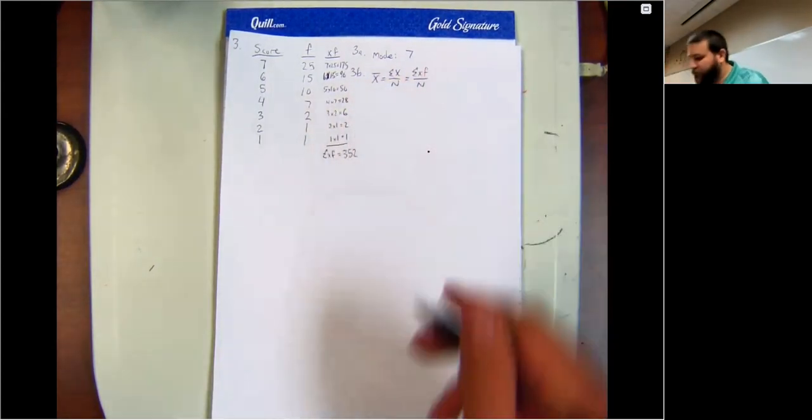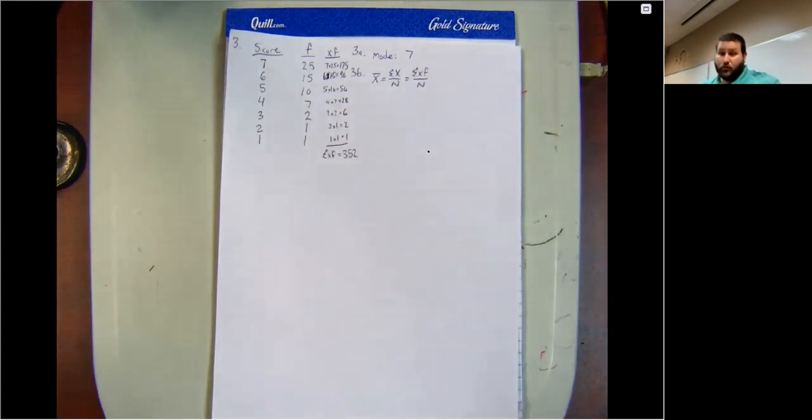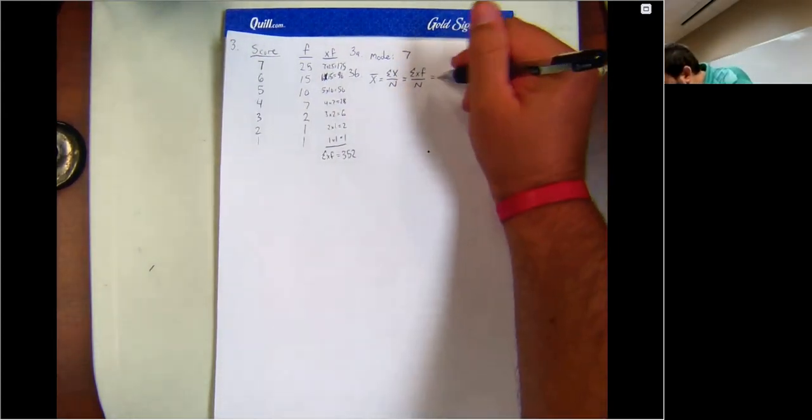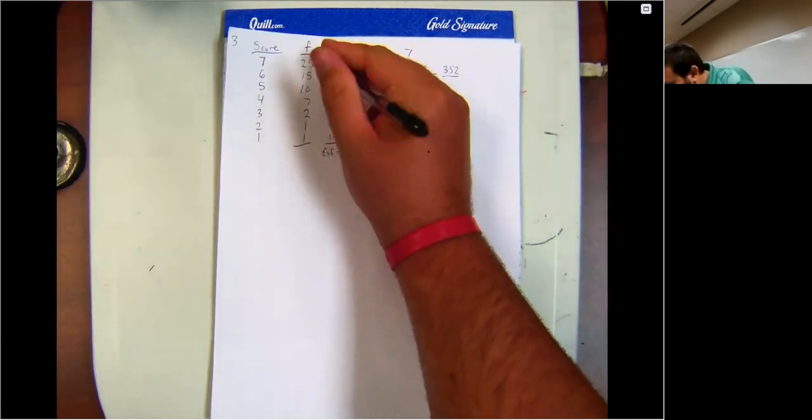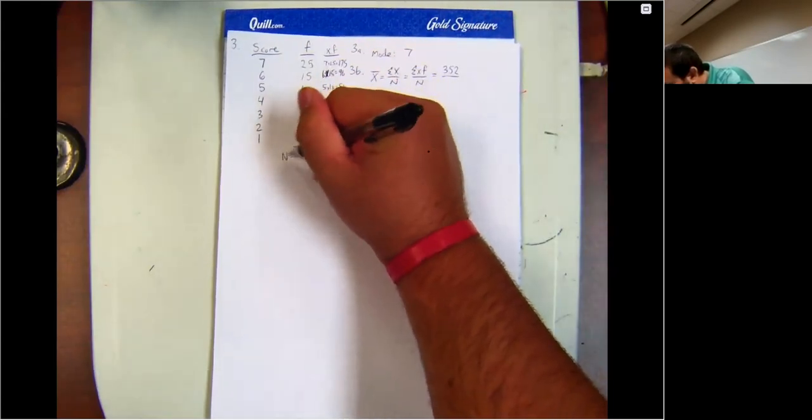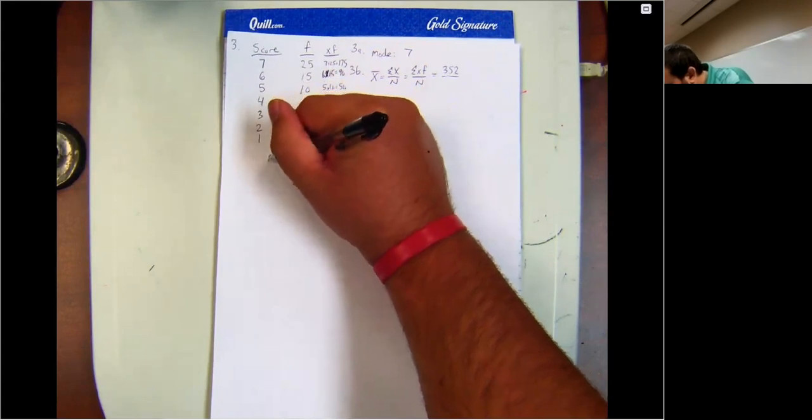And that would be if you added up 25 sevens, 15 sixes, 10 fives, and so on, you'd get that total using the other formula that we've been working with the whole time. So the sum of x is 352 divided by n, which is the total frequency here. So n is the same thing as sum of f.